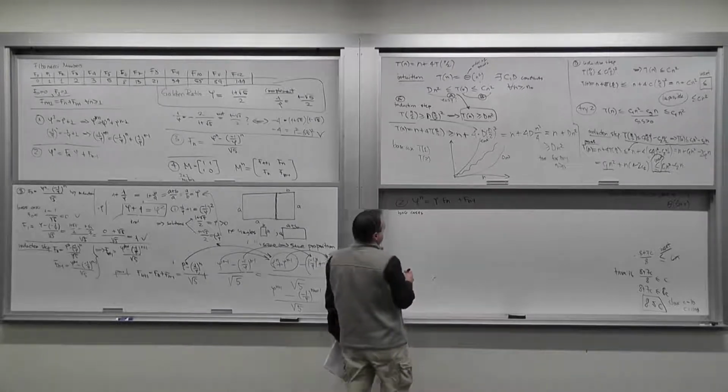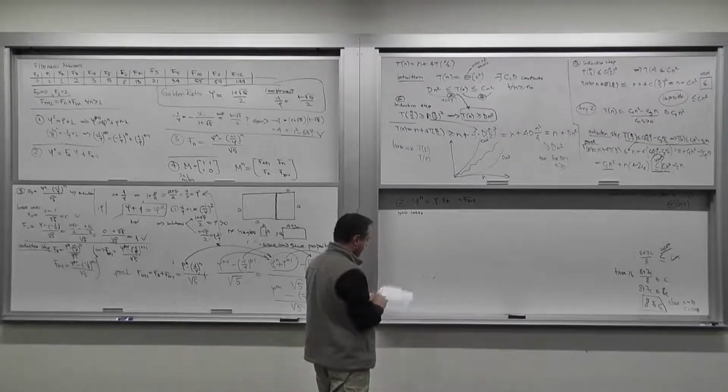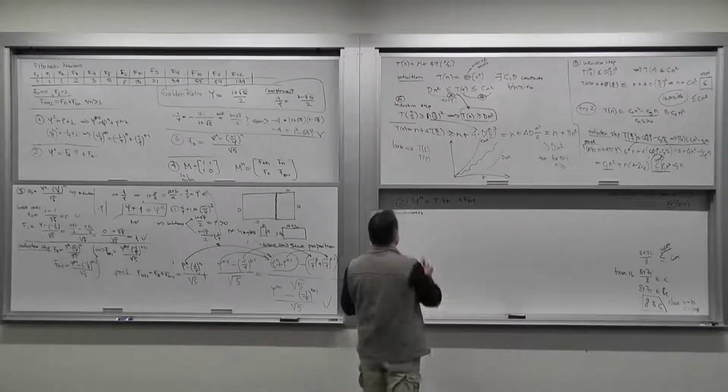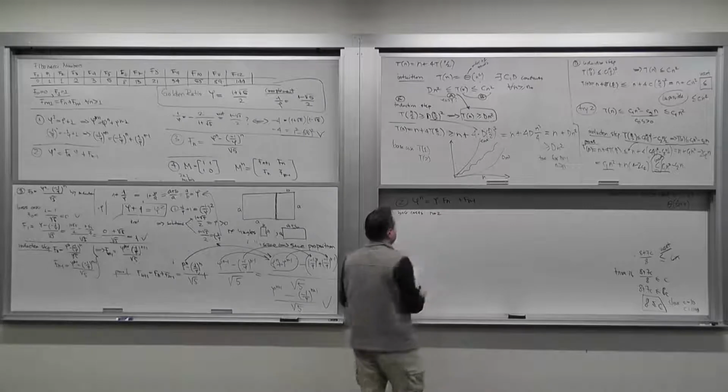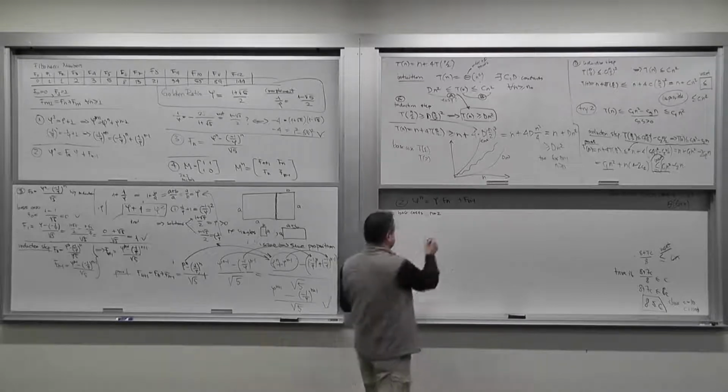So what happens if I choose n equal 2? What do I get?